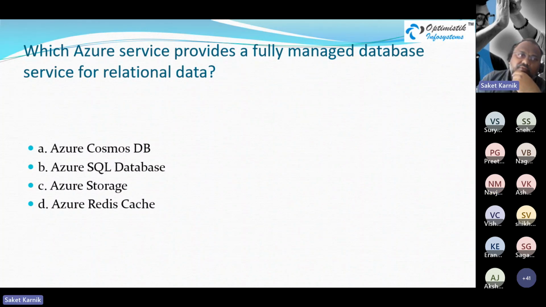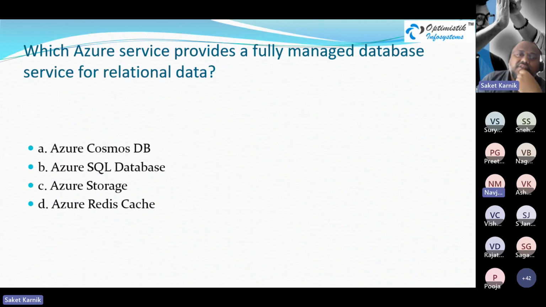So if I add two more options here, option E, Azure Database for MySQL and Azure Database for PostgreSQL, what would be the answers? In that case, it will be B, E, and F, because SQL, PostgreSQL, and MySQL all are fully managed database services for relational data.